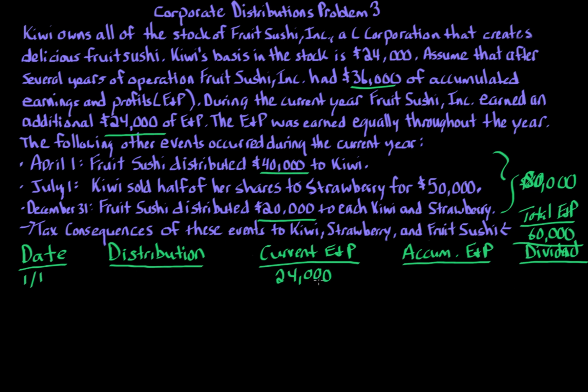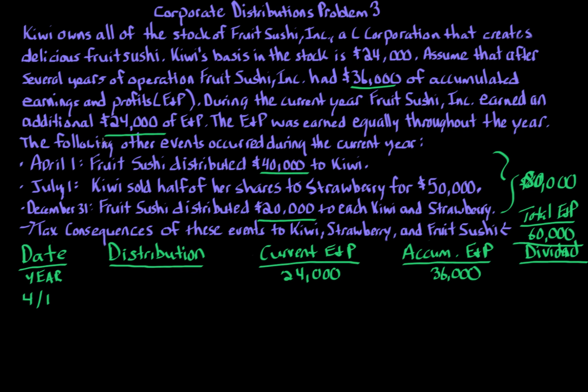That's what we have for the year. In this calculation, current year E&P is 24,000 and accumulated E&P is 36,000.